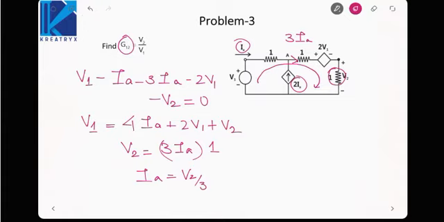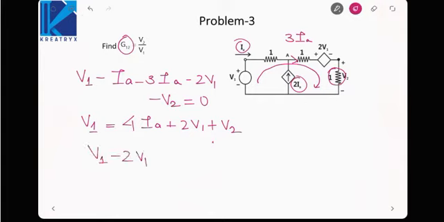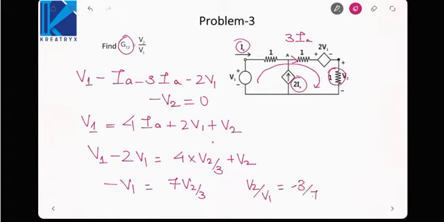So that will give us, if we substitute IA here, V1 minus 2V1, 4 into V2 by 3 plus V2, that is minus V1 is equal to 7 V2 by 3. What is V2 by V1 then? It is minus 3 by 7.